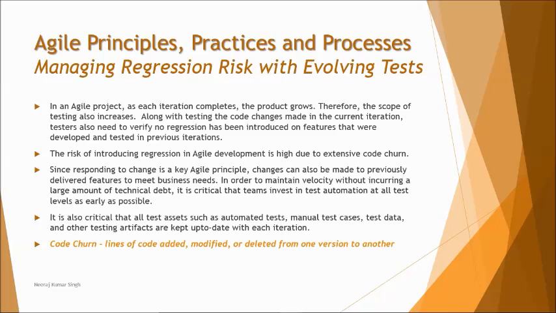When you talk about the term code churn, we mean the lines of code added, modified or deleted from one version to another. We know from the foundation level, when we spoke about regression testing, that regression testing is conducted whenever there is a modification in the code, and modification means you either add something, delete something, or change something which was existing.